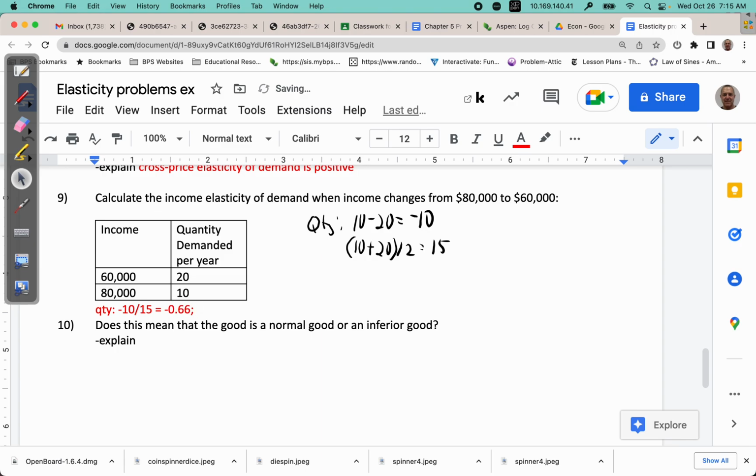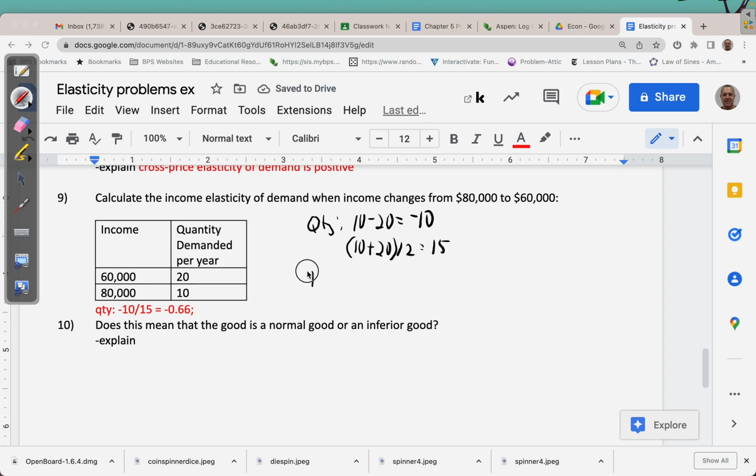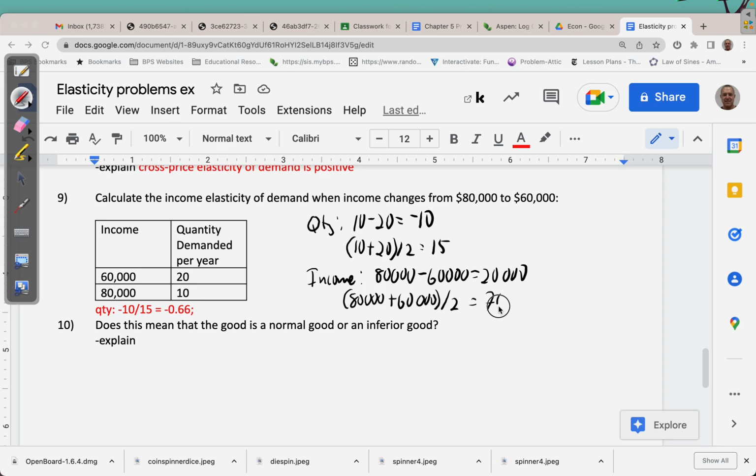All right, now income. Bottom to top. 80 grand, 80,000 minus 60,000, is 20,000. The average of 80,000 and 60,000, I add them up and divide by 2, is 70,000.